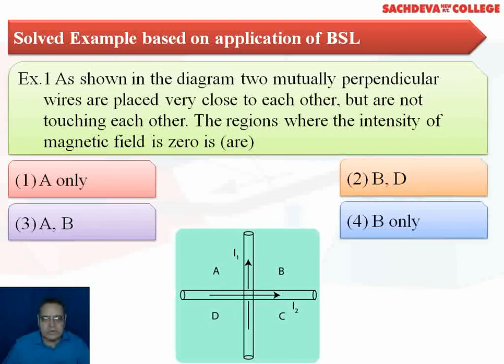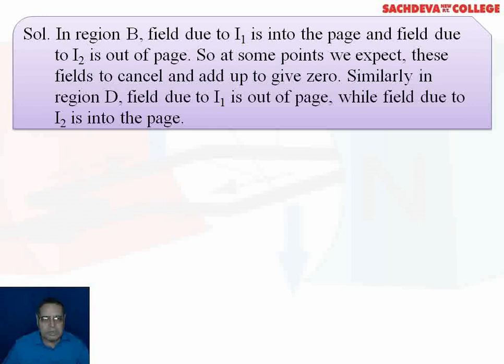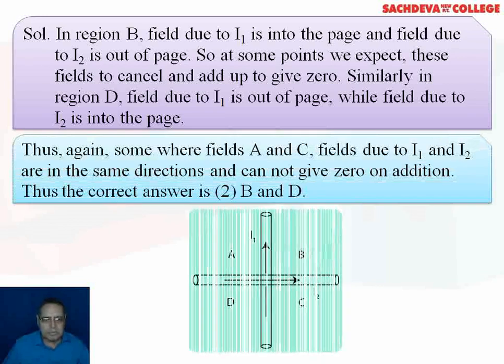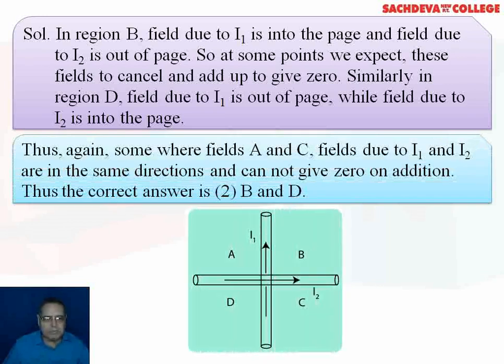The figure is given to you and the wires are mutually perpendicular, very close to each other. However, they are not touching. We have to check the regions where the intensity of magnetic field is 0. Four options are given. Now check the solution and see the diagram.